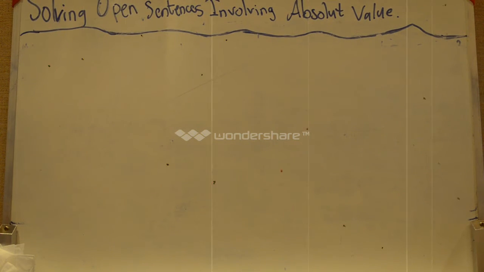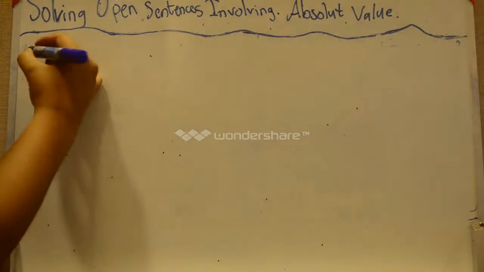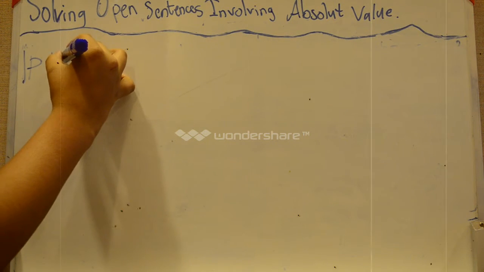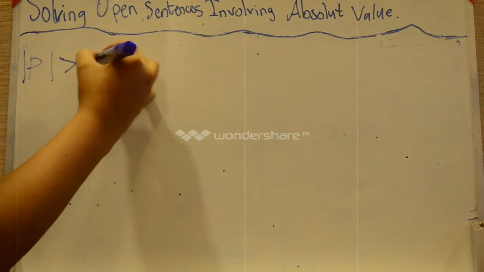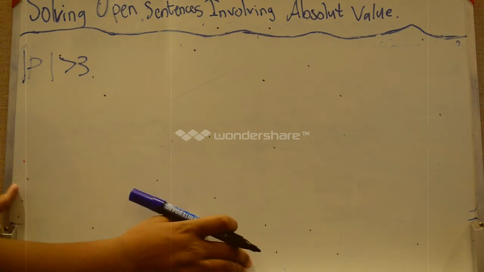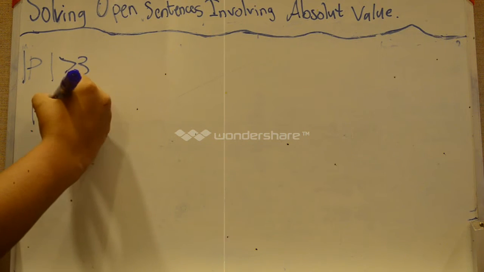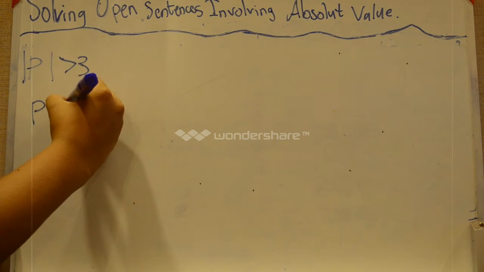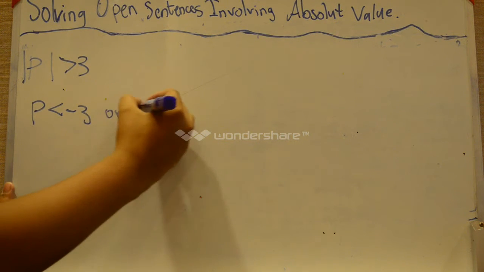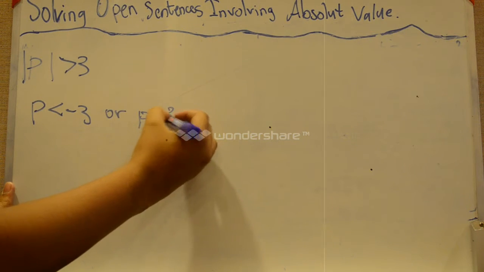So now let's solve another example. The absolute value of P is greater than 3. So listen to me. So now P is less than -3 or P is greater than 3.